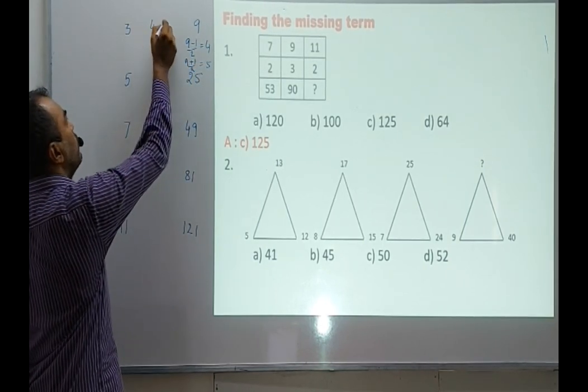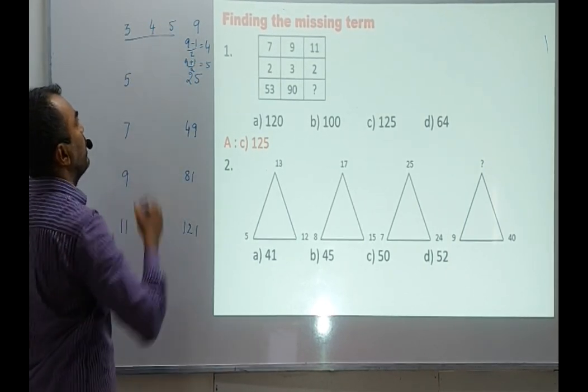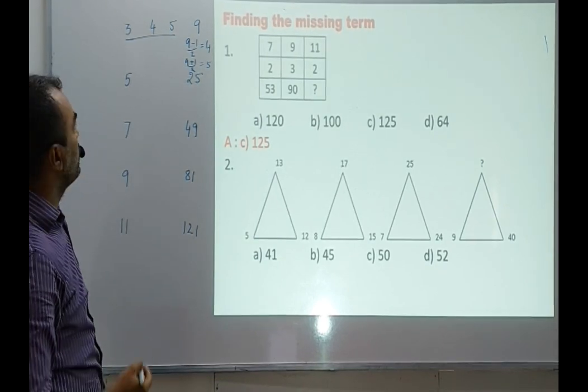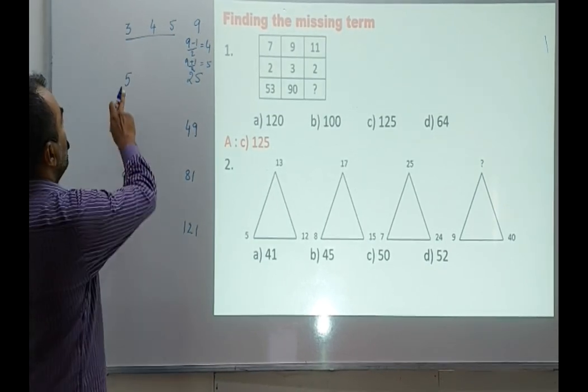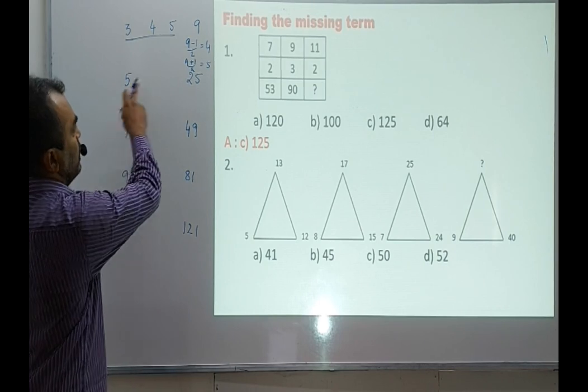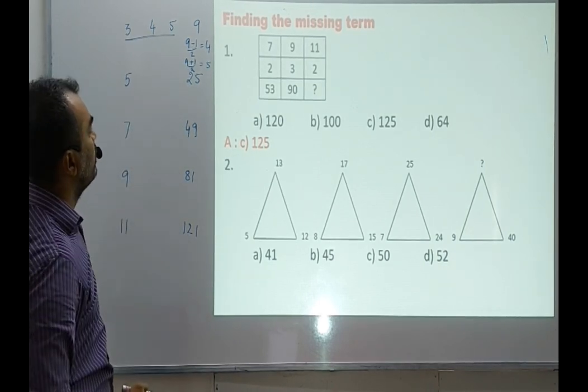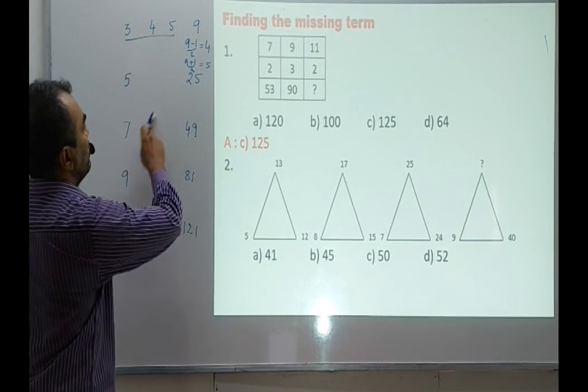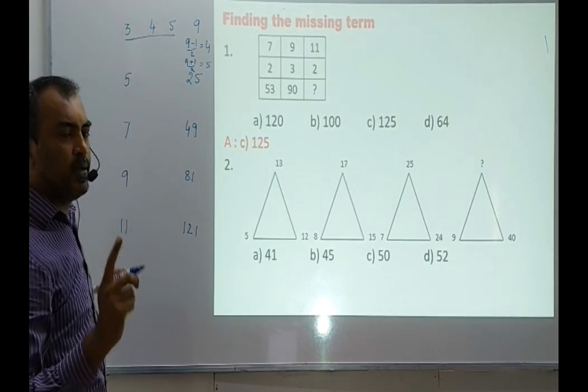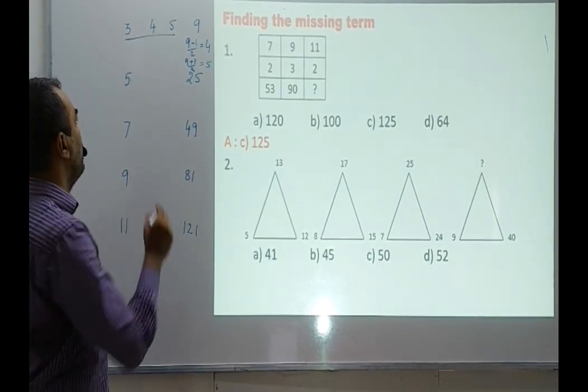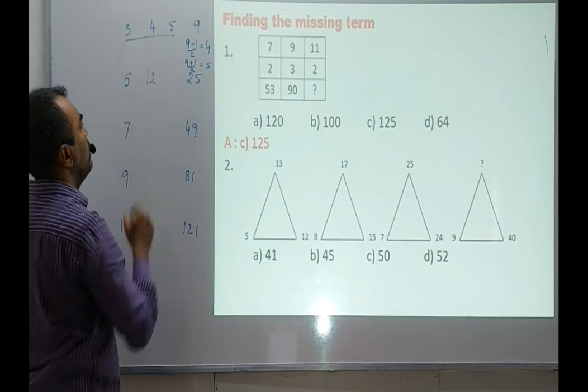So 3, 4 and 5 make a Pythagorean triplet. Do you understand this method? I took 5, the next odd number, the square is 25. Consecutive numbers that sum to 25: 25 minus 1 is 24, divided by 2 is 12.